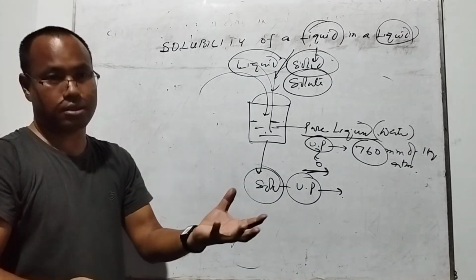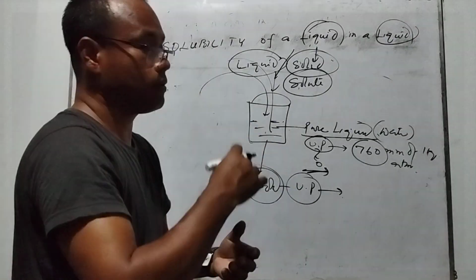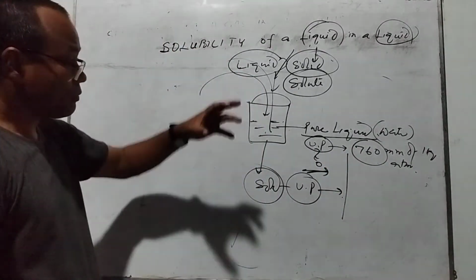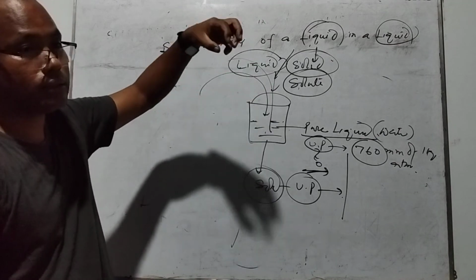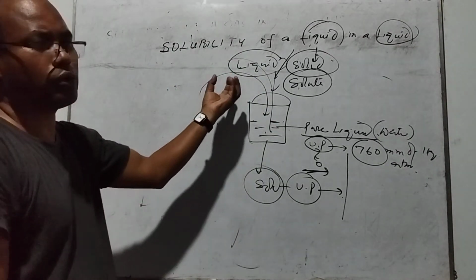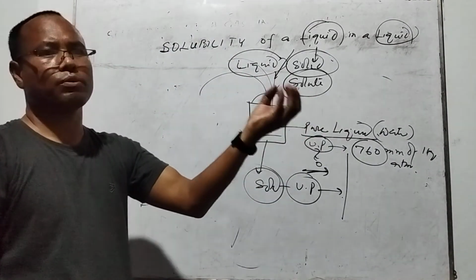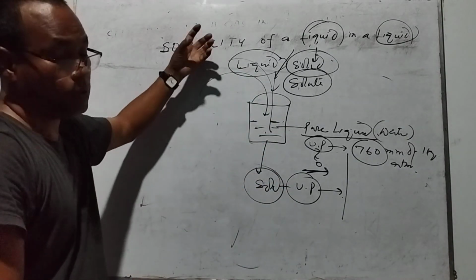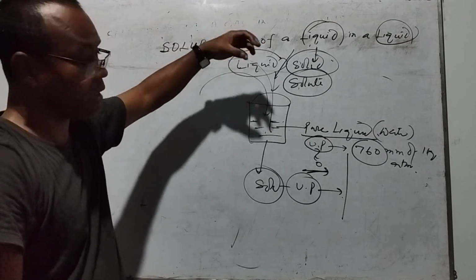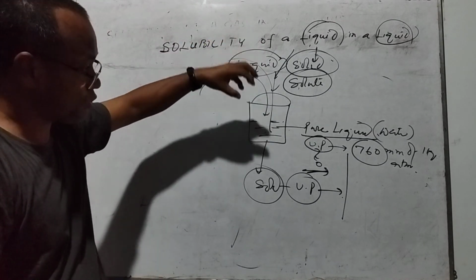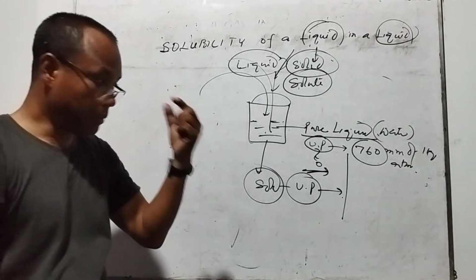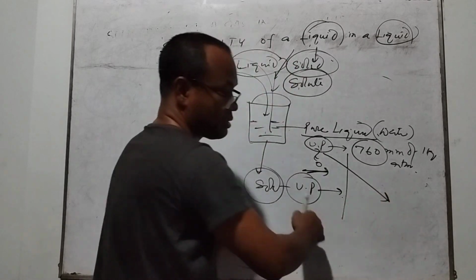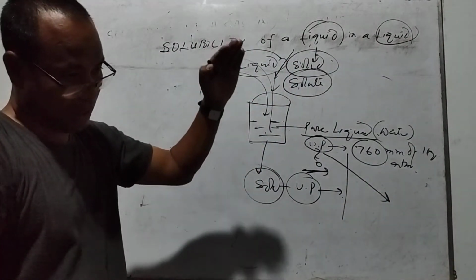Those are different questions which can be asked. But the thing is that when we add some amount, maybe in terms of volume or in terms of mass in grams, of non-volatile solute into the liquid, the vapor pressure of that pure liquid decreases. That means it is reduced or lowered.